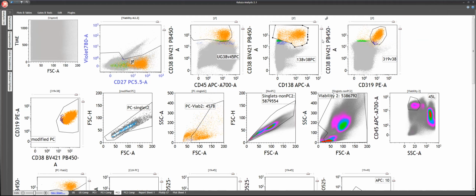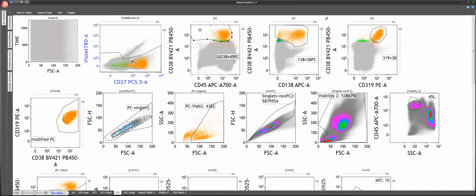There are a few cells which are not included in this, and you can see those. They are pretty CD38 dim, and CD45 also negative, and they include a lot of junk. So possibly we need not include those cells. They are also CD319 dim and CD38 dim, so we can restrict our gate here.